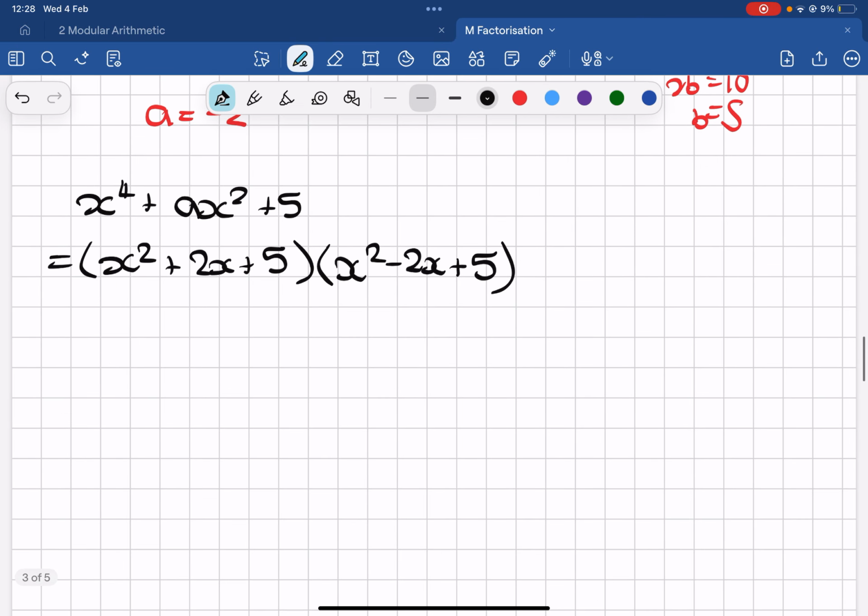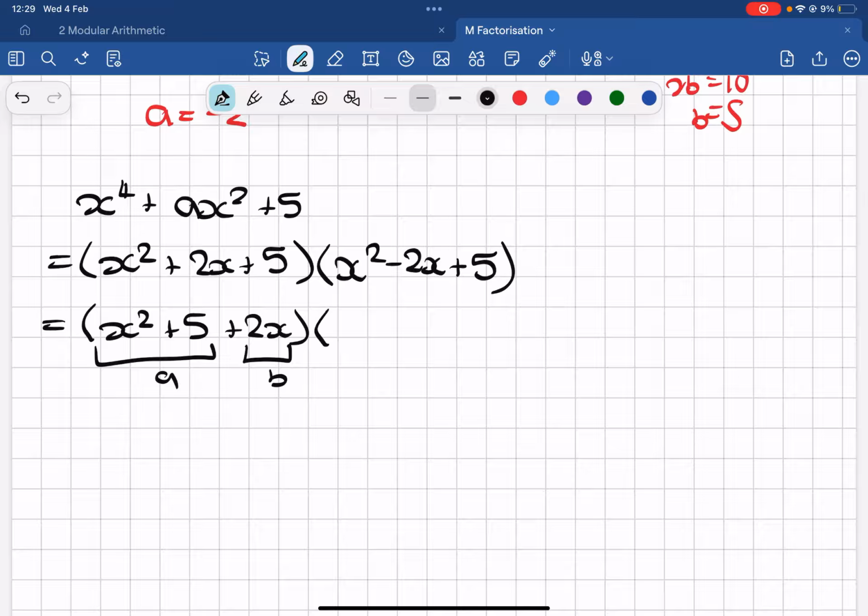From here we can notice that this is just a difference of two squares. If you like, write it as such: x squared plus 5 plus 2x, let's call this a and this b, times x squared plus 5 minus 2x.